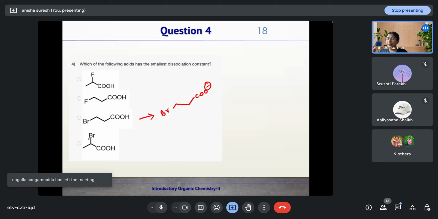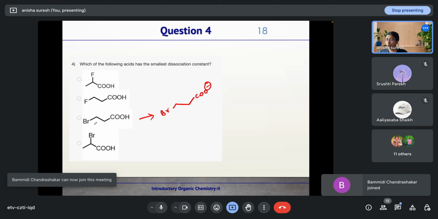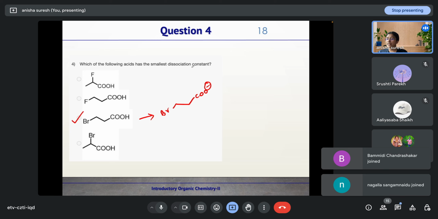When bromine is present adjacent to the COOH, its effect will be much more compared to when bromine is one atom away. That is why this has the smallest dissociation constant; the Ka value is less for this compound compared to others.